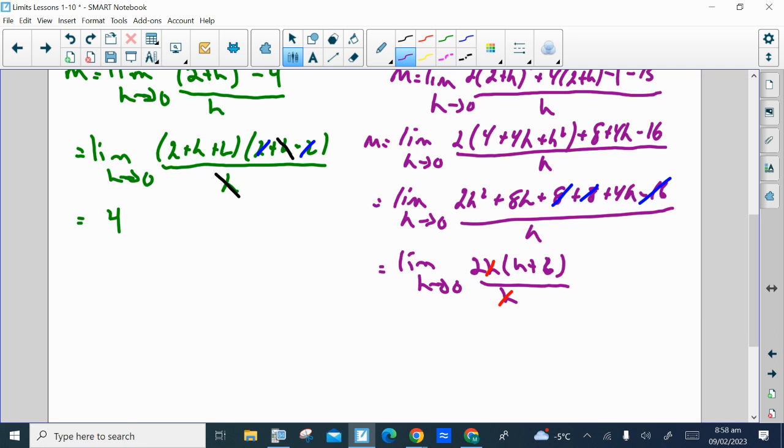That's better. And so now, when you let h equal 0, you're going to have 2 times 0 plus 6. And 2 times 6 is 12, which is the same slope we got using that first limit formula. Okay? Same slope.